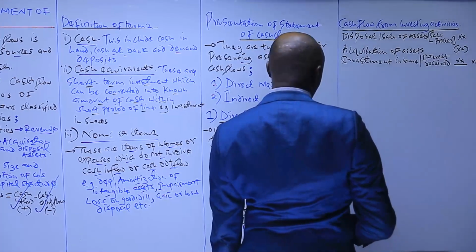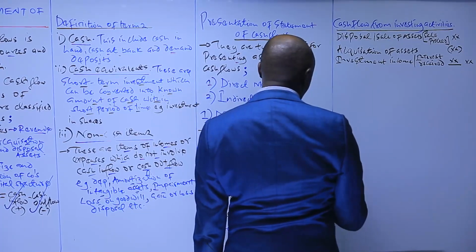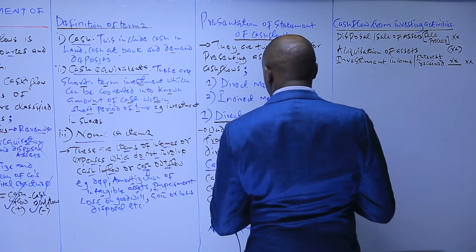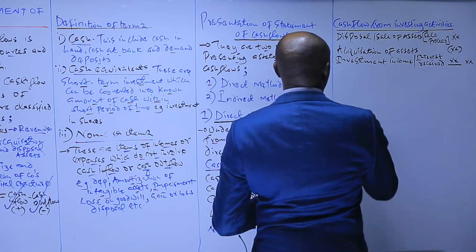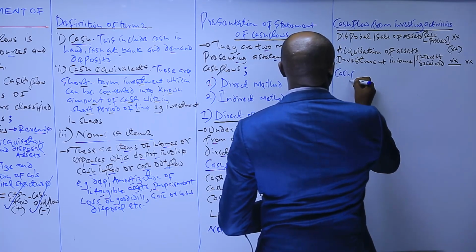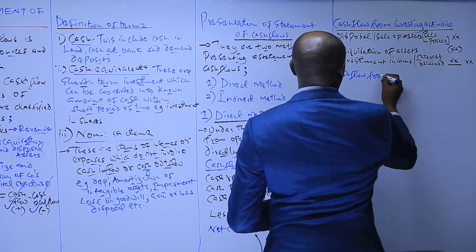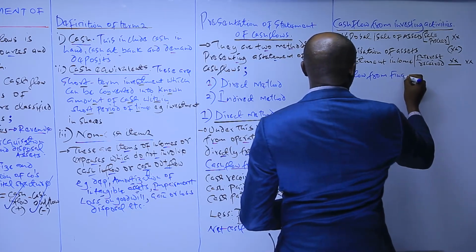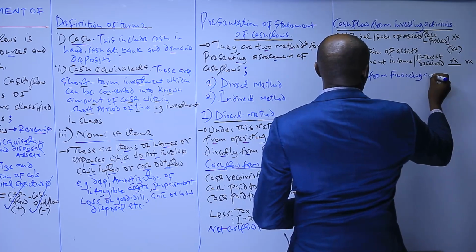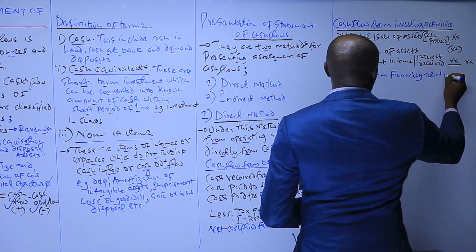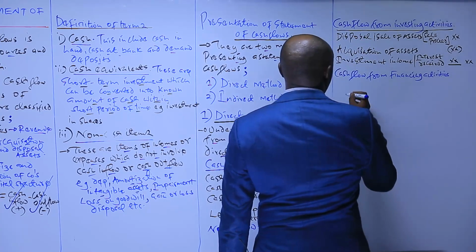We take it to the last column. Remember here, we should have two columns. And then finally, we determine the cash flows from financing activities.